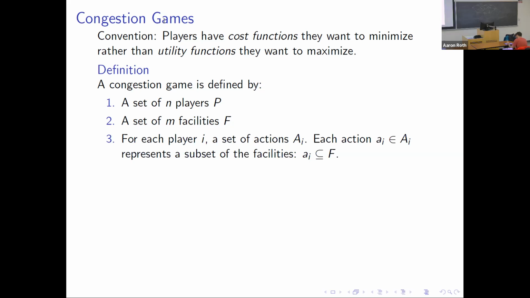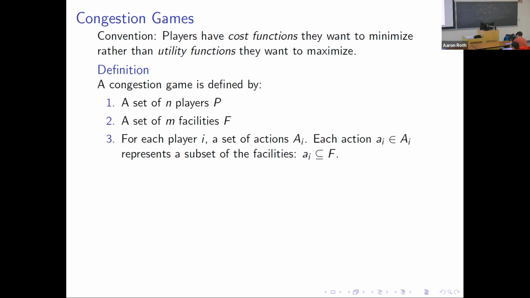And each player is going to have a set of actions, but the set of actions will not be arbitrary. Each action will be identified with a subset of the facilities. So the action set will be a collection of subsets of the facilities. They can be arbitrary subsets of the facilities. Or rather, I can define a game whose actions are arbitrary subsets of the facilities, but each particular congestion game will assign an action set to each player that is some particular collection of subsets of the facilities.